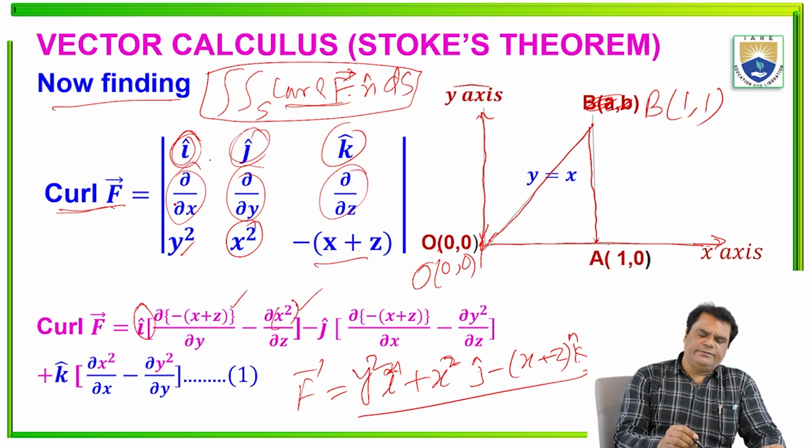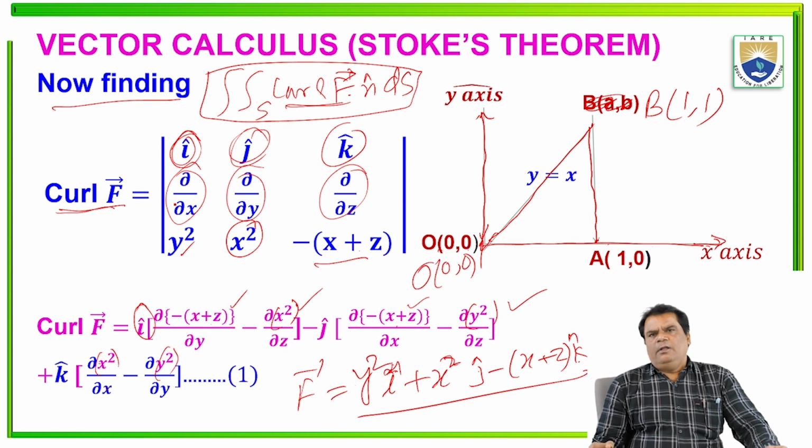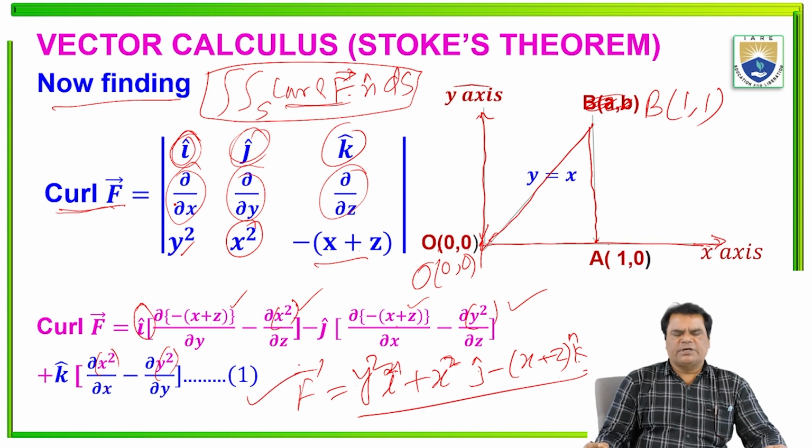Minus j: first row and second column cancelled, ∂/∂x of (x + z) minus ∂/∂z of y². And k cap: first row and third column cancelled, cross multiply, ∂/∂x of x² minus ∂/∂y of y². This is curl F, equation 1.